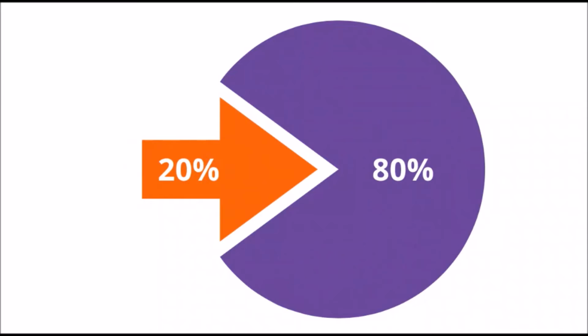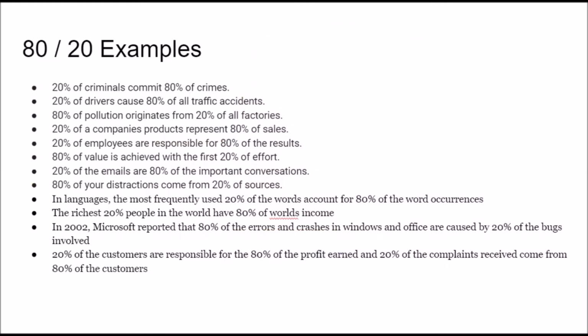And just to give you some examples of the 80-20 rule, because this doesn't only apply on YouTube, but also to a lot of aspects in your life. Like 20% of criminals commit 80% of the crimes, 20% of drivers cause 80% of all traffic accidents, 80% of pollution originates from 20% of all factories, 20% of companies represent 80% of sales, 20% of employees are responsible for 80% of the results, and we're going to hop a little bit down here. 80% of your distractions come from 20% of your sources.